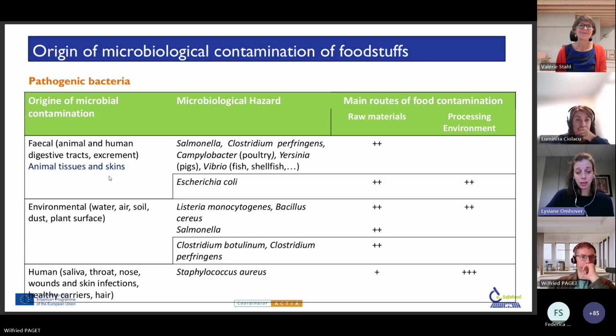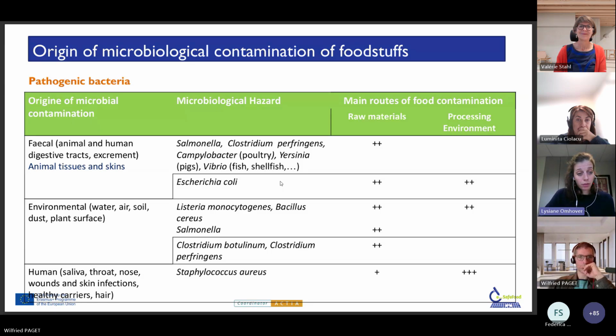And the pathogenic bacteria present in these fecal products are mainly Salmonella, Clostridium, Campylobacter from poultry, Yersinia from pigs, or Vibrio from fish or shellfish products. And Escherichia coli can also be found in fecal contamination.